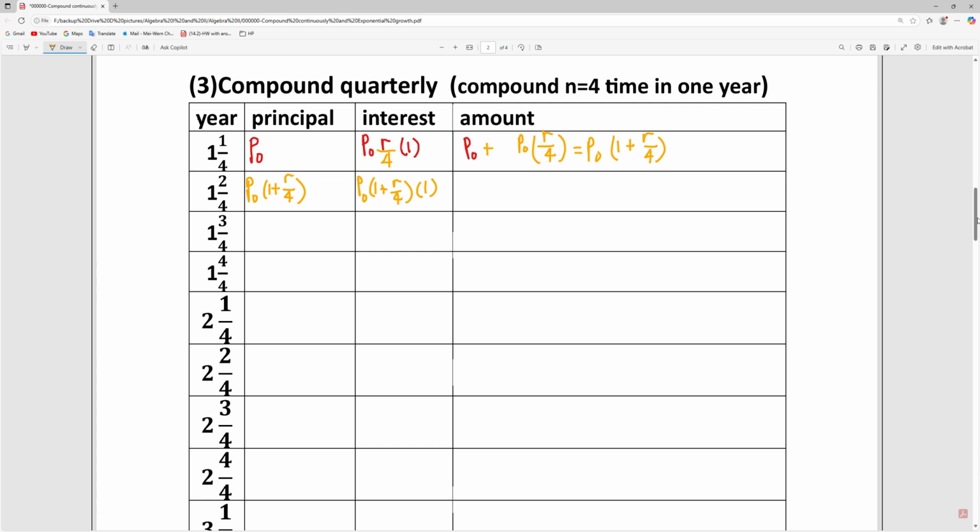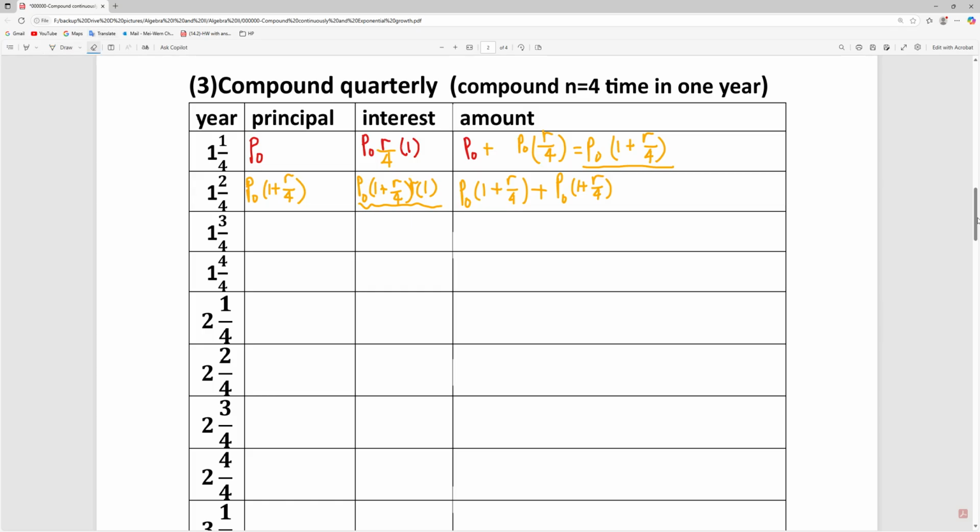So this one, P0 1 plus R over 4, and the plus new interest P0 1 plus R over 4. Sorry, there's R here.